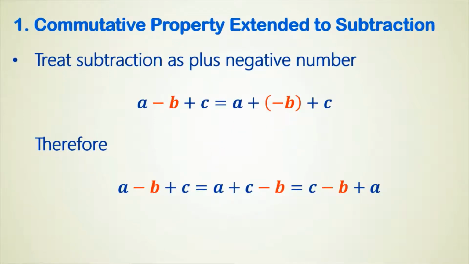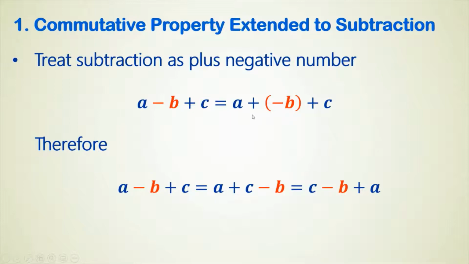So earlier we talked about how subtraction is not commutative. Here we're going to see how the commutative property can be extended to subtraction using negative numbers. The key here is to treat subtraction as plus a negative number. So a minus b plus c, we treat this minus b as plus a negative b. So it becomes a plus negative b plus c.